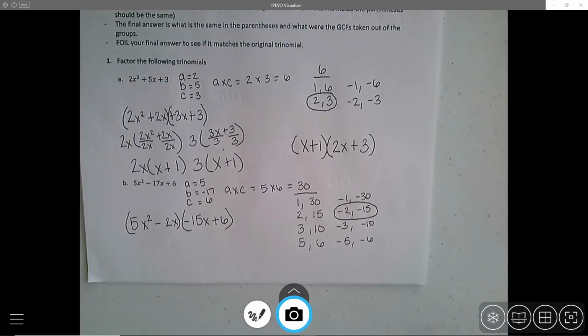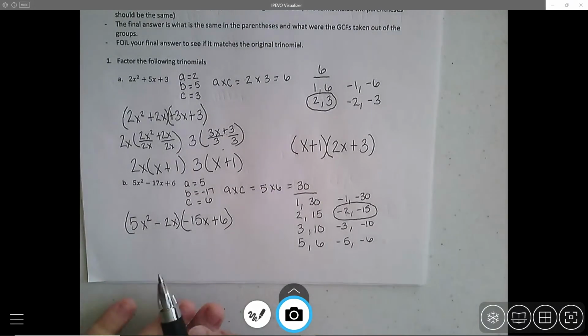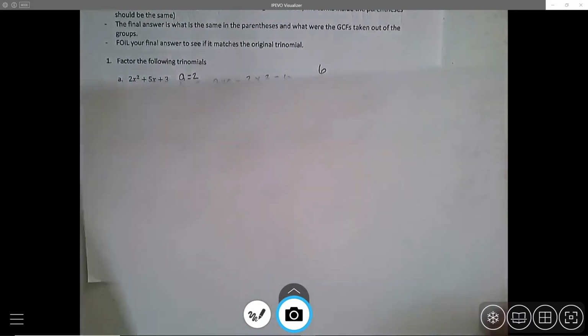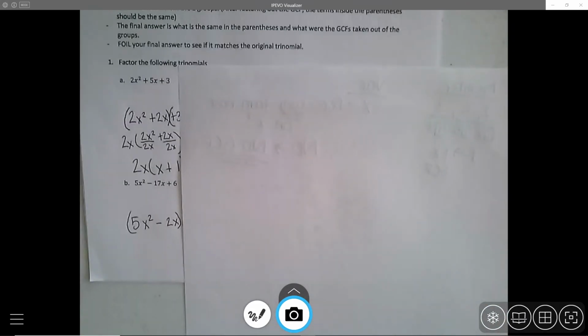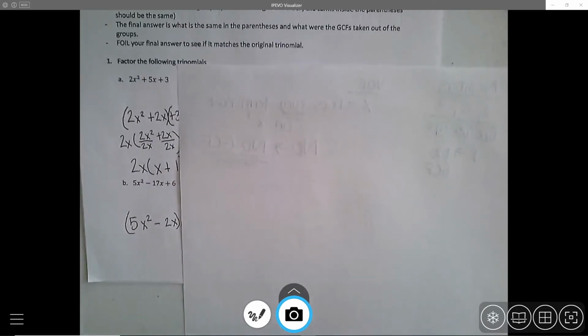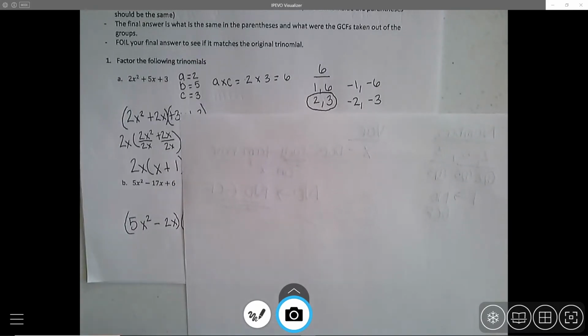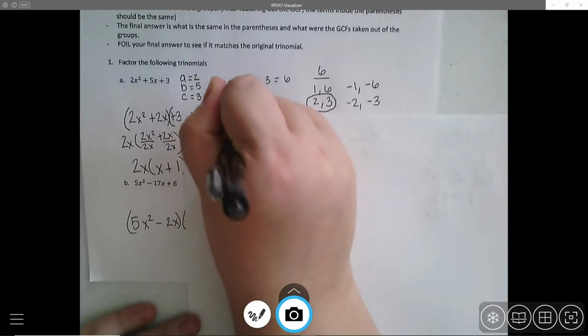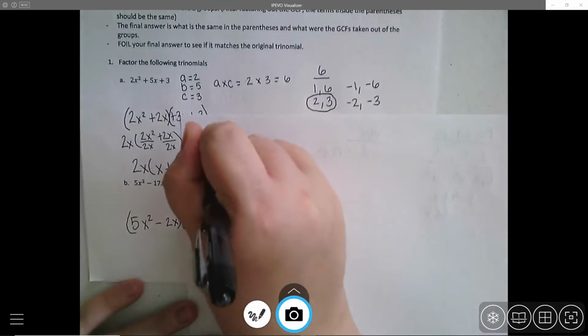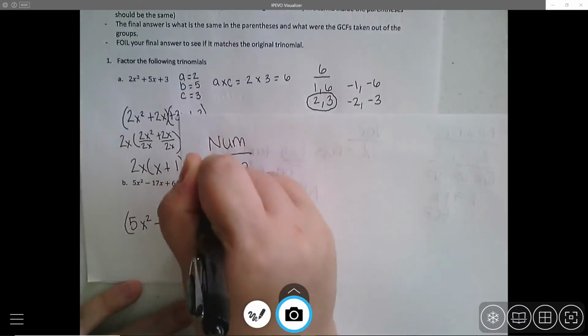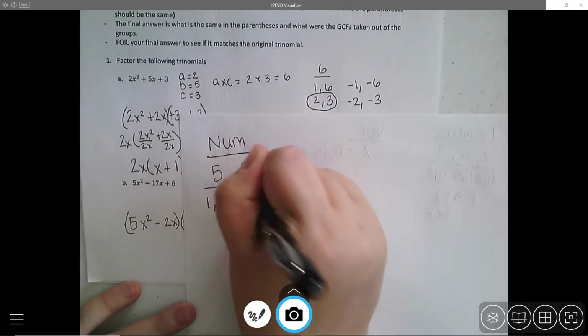Now I'm going to look through the GCF of both of these. So my first one that I see, if I cover up, 5x squared minus 2x. Okay, so if I look here, numbers, I have 5 and 2, 1 and 5, 1 and 2.